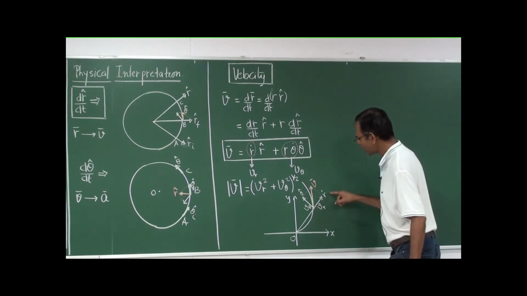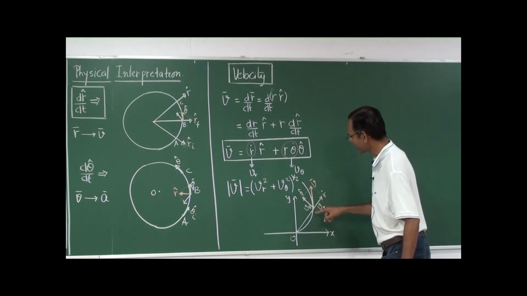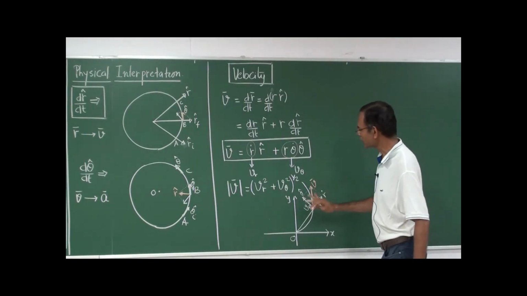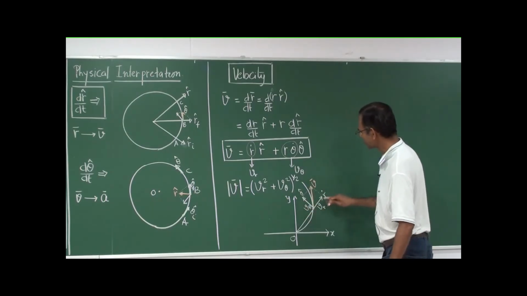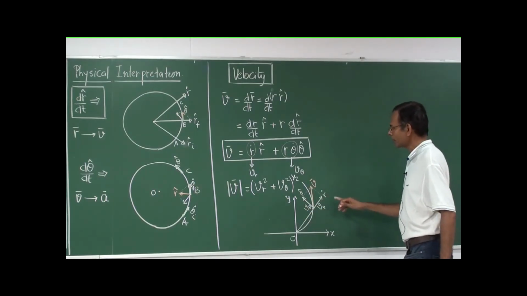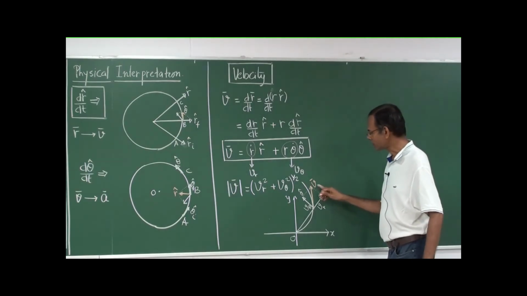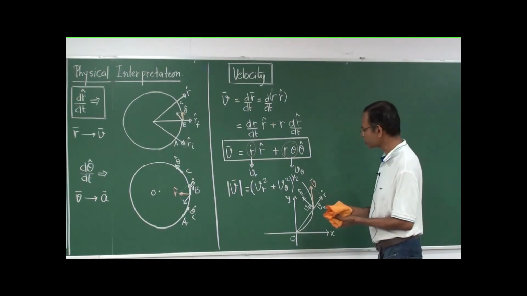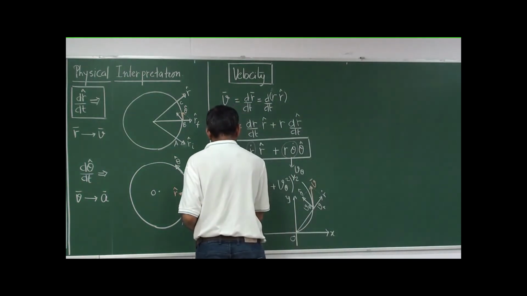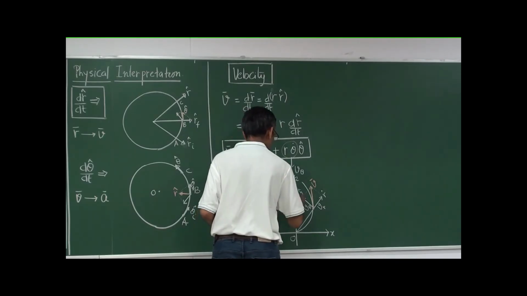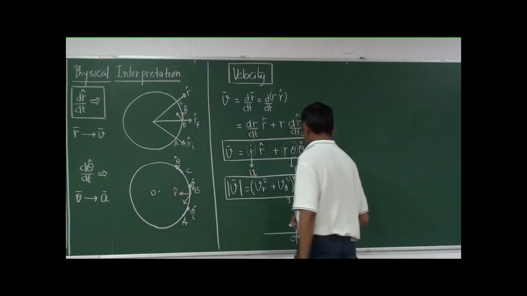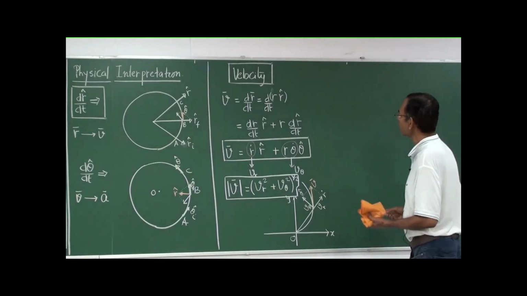So this is V r r cap, V theta theta cap, and this is your resultant V vector. Geometrically, if you are asked to calculate the vector V, you have to draw this diagram. But if you are asked to calculate the magnitude V, then this is the formula.